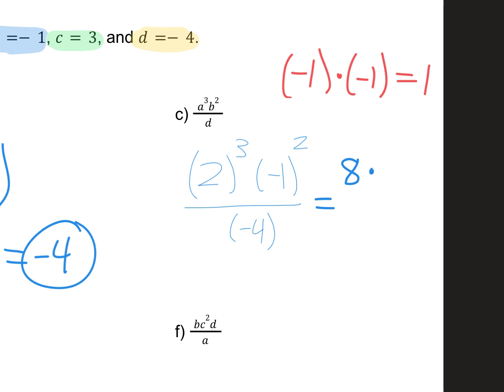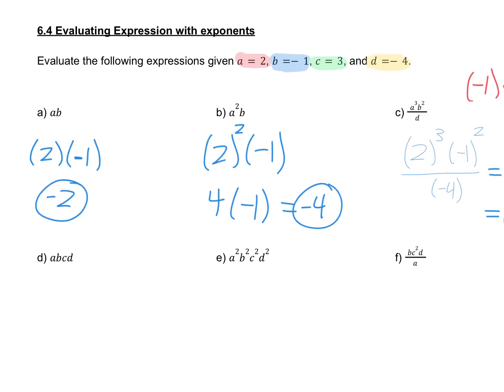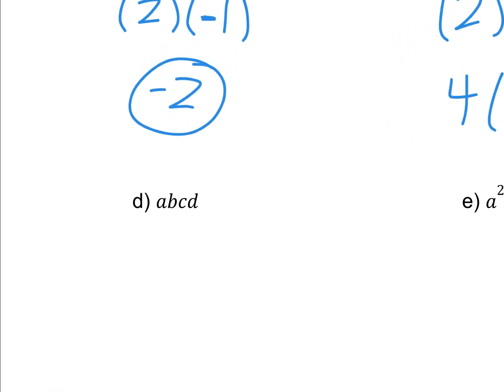So this becomes 8 times 1 in the numerator, and then our denominator is still -4. So our numerator would just simplify to 8, so then we have 8 divided by -4, which is -2. All right, not too bad so far. Go ahead, try example D on your own. Tell me what you get.